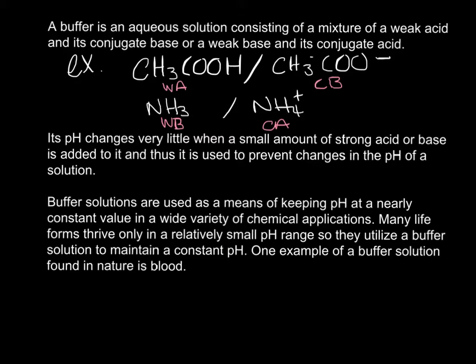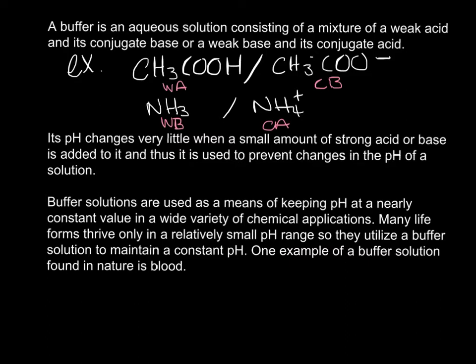And the idea with a buffer system is that you have high concentrations of the weak acid or weak base and its conjugate, and when you add small amounts of an acid or a base, it resists changing its pH because the equilibrium will shift when you add that.